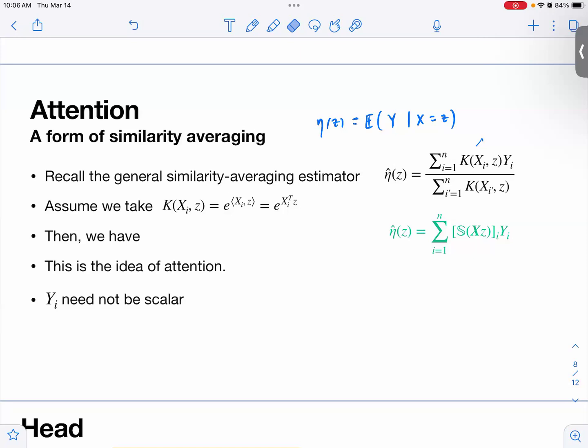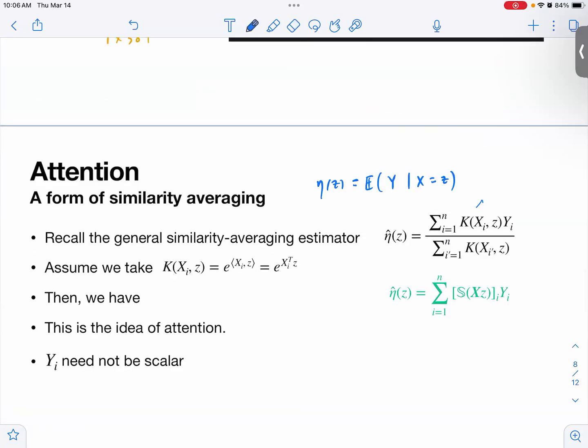So it's a measure of similarity. The inner product measures similarity. If I have two vectors, e to the x transpose x prime is also a form of similarity.